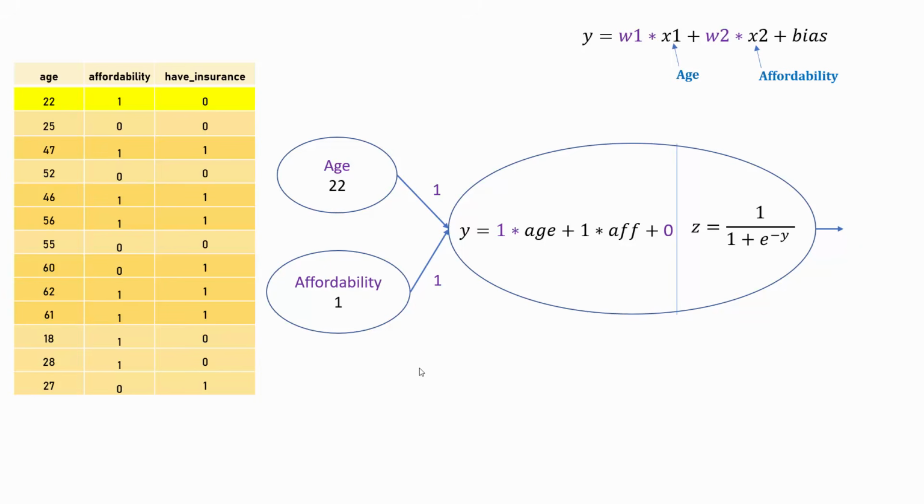And then you feed the first sample into this network. This is called a forward pass. In the forward pass, you will put the value of age as 22, affordability as 1, and then you get a value of y. Then you put y here and get a value of z.